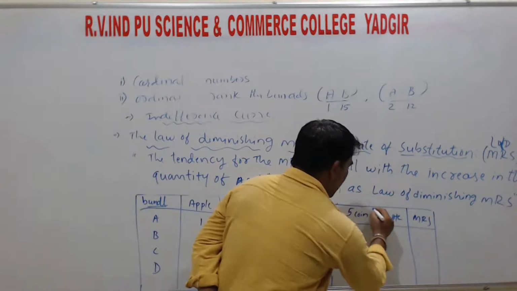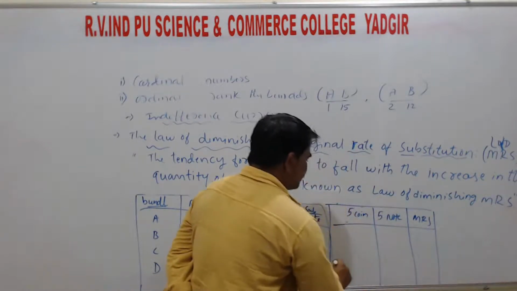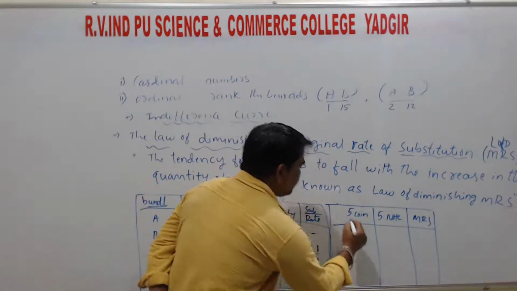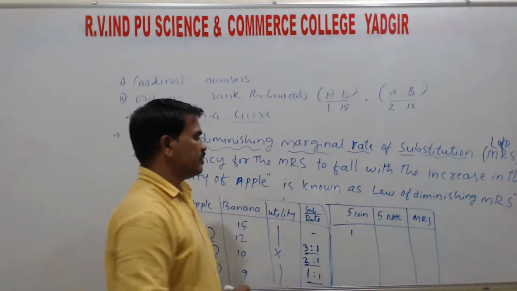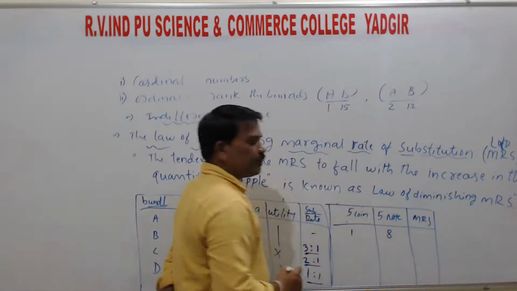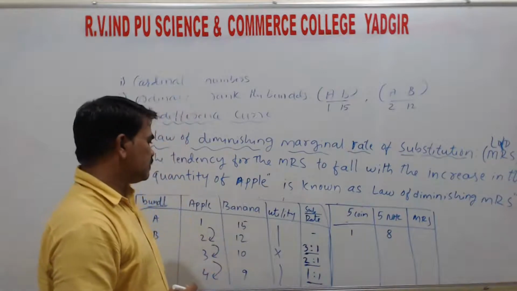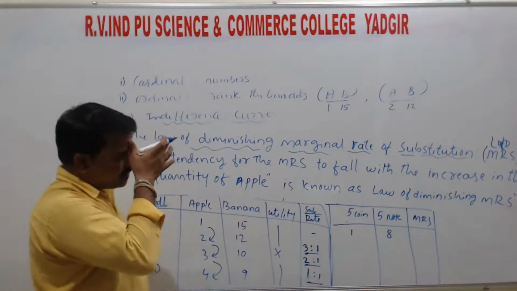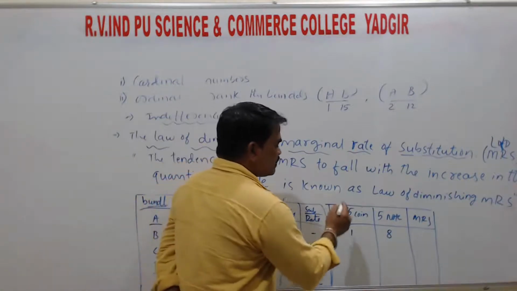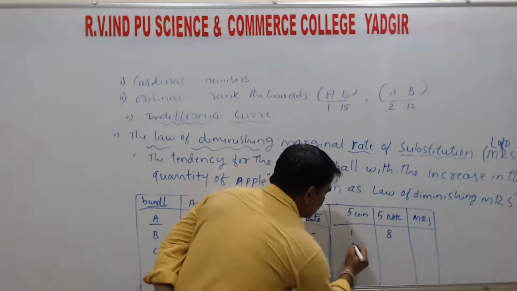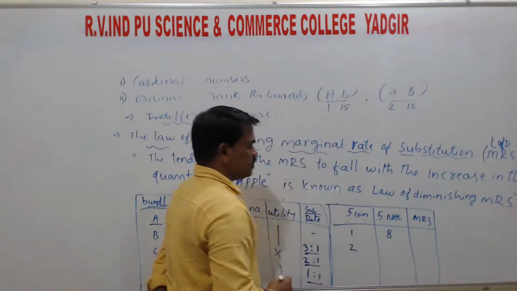We'll see now how this substitution rate changes. Okay, we have one 5 rupee coin and we have 8 5 rupee notes. Okay, so this is one combination. Fine. Now he wants to add one more coin. Okay, so here it is 2.